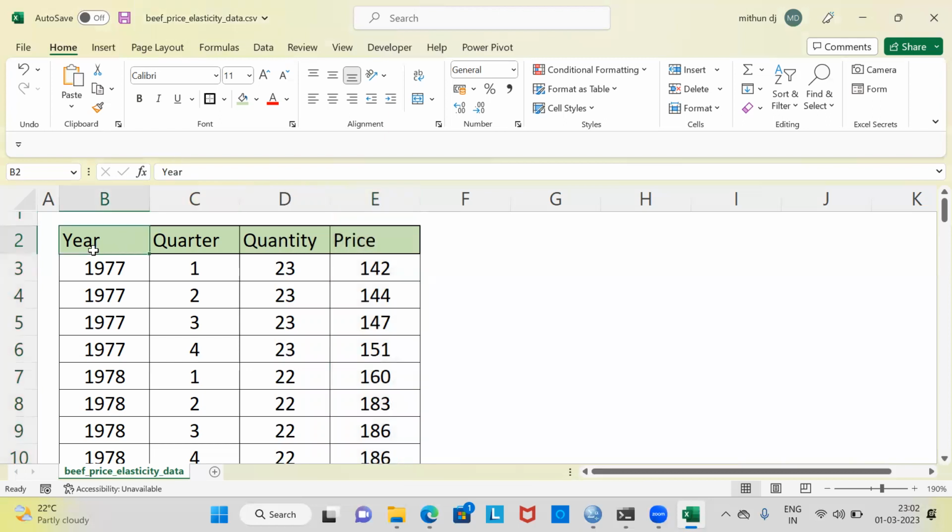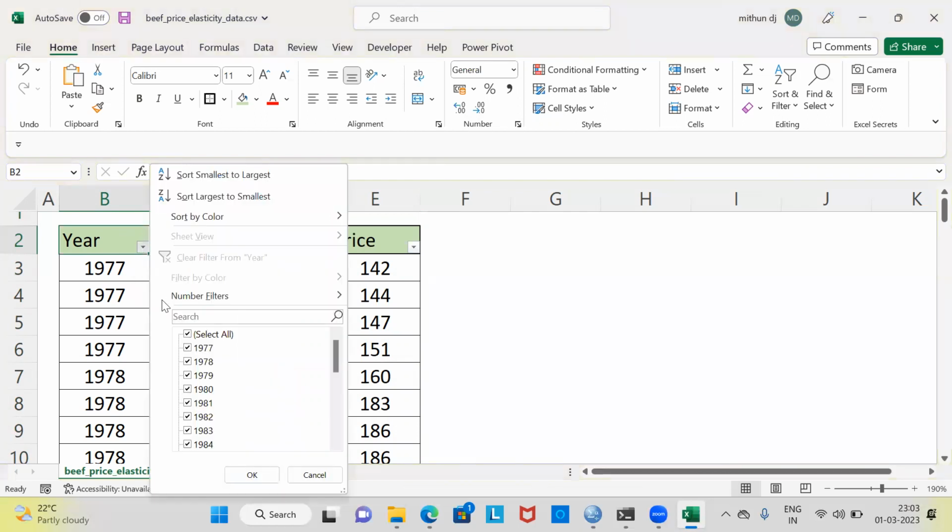Let me apply a simple filter here. Let me look at the window period of analysis. As you can clearly see here, the data starts from 1977. When I scroll down, you can see here the last year is 1999. So we have 22 years of data in this example.